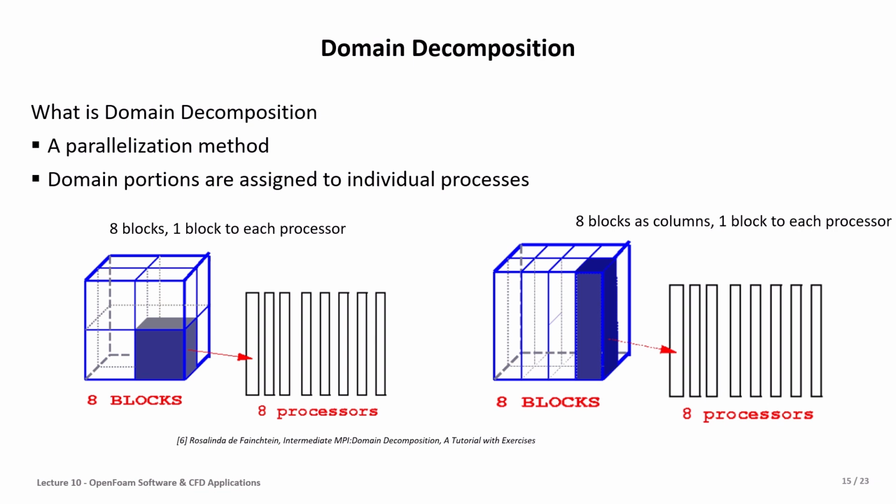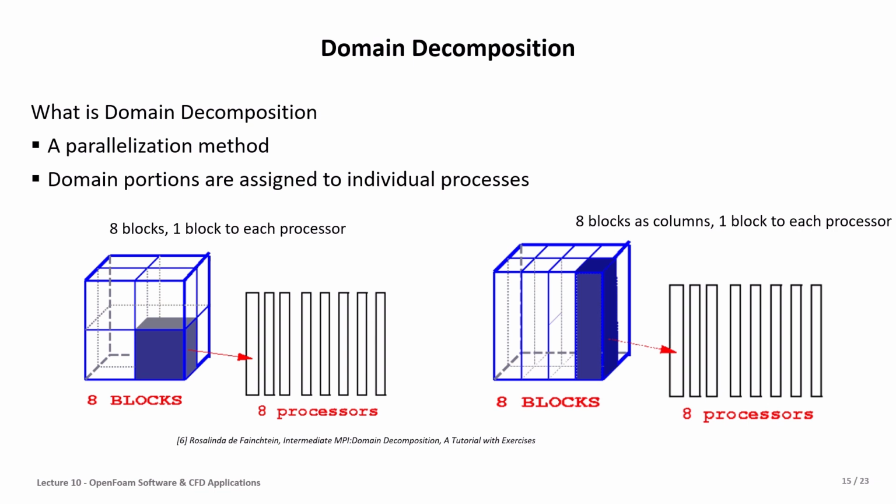But when we look at the column one, there are 2 surfaces connected to neighbor domains, and there is no third one. In fact, for the rest of the domain, the surfaces are connected to the boundary condition, not the internal connection.